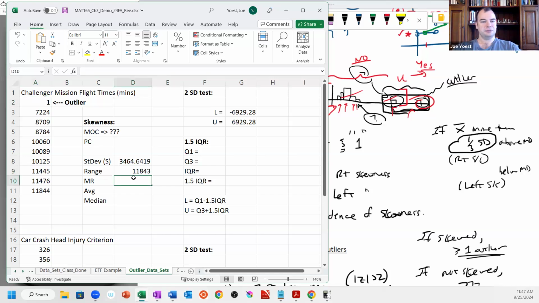The mid-range, our measure of center that only looks at the extremes. I want the average of the max and min, so I could do max of this minus min of this. I could also just cheat and do, I know these are in order, so I could just identify the individual cells that I want and save myself quite a bit of typing.